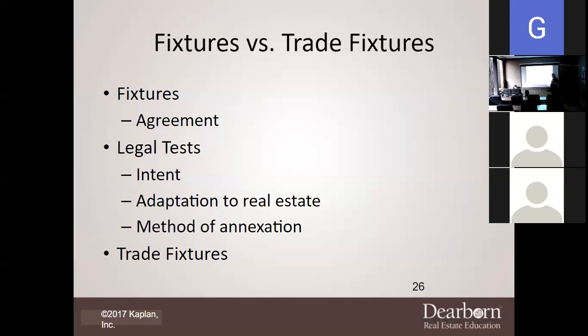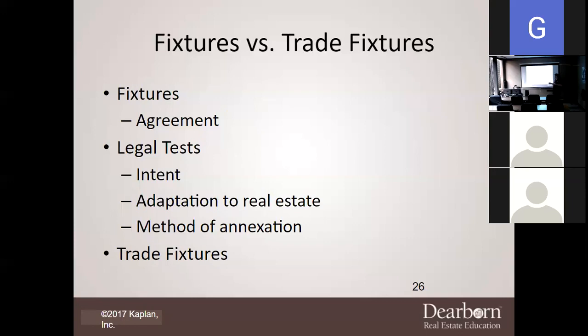Mr. Stahl, if you see Garrett putting a TV into a stud in your home, what do you think the intention was for him to do? Is he trying to fixate it to the wall? Yeah, so it doesn't fall. Is he possibly adapting it to real estate? I think that's his goal. Yeah, he is.